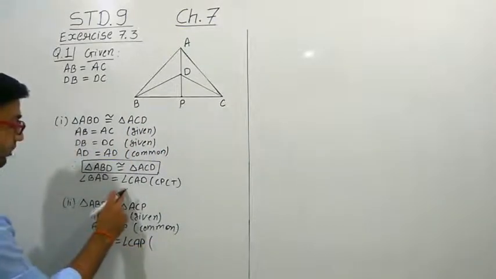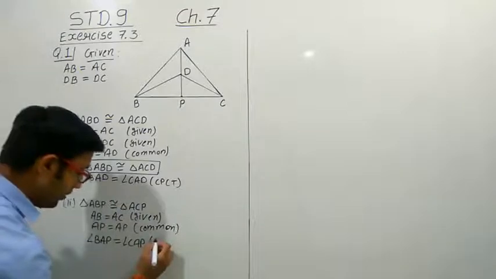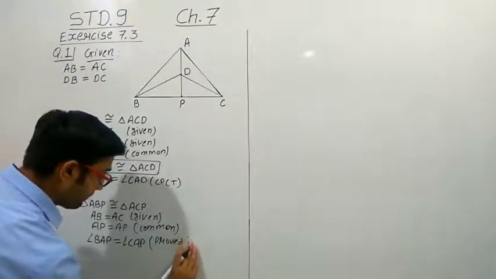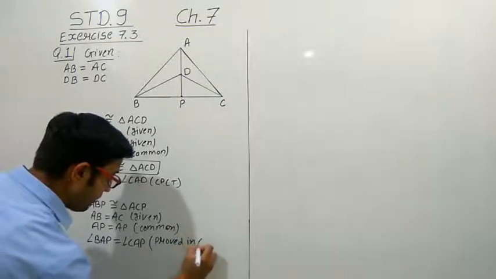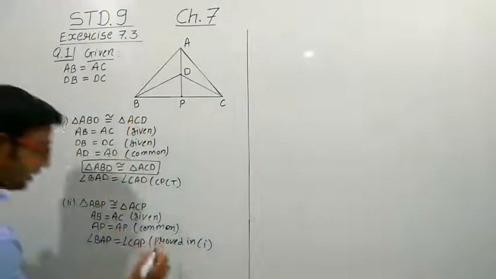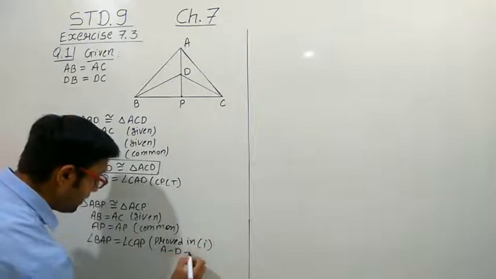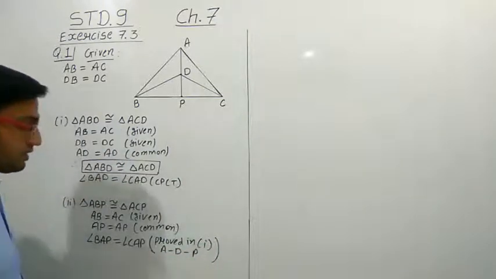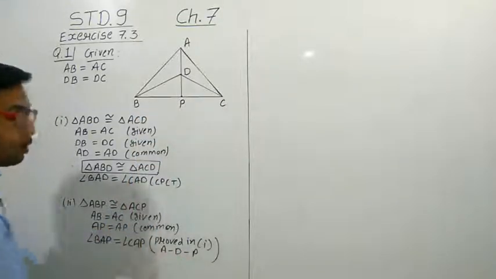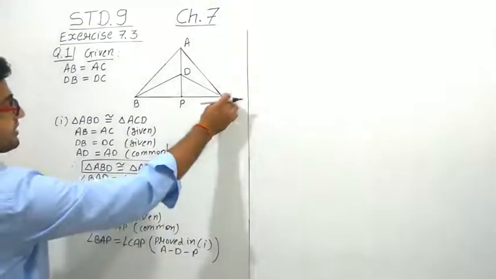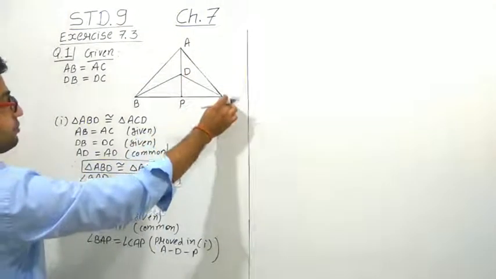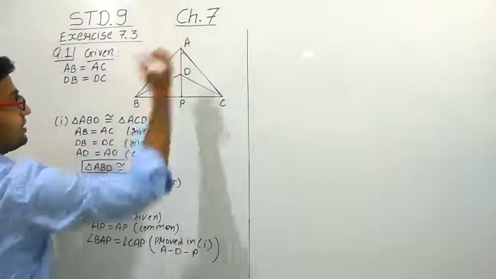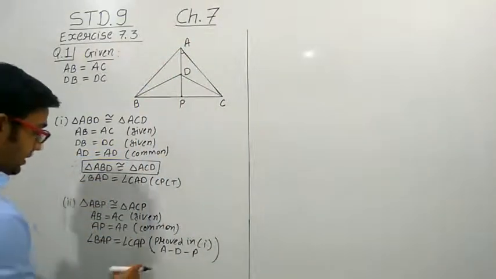This we can write down as the condition we have already proved in part 1. And one more thing stated here is that A, D, P are collinear. So instead of writing angle CAD, we can write CAP, because the angle does not change, angle A remains as it is.